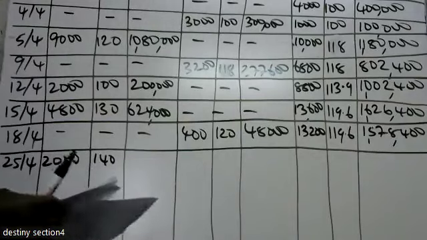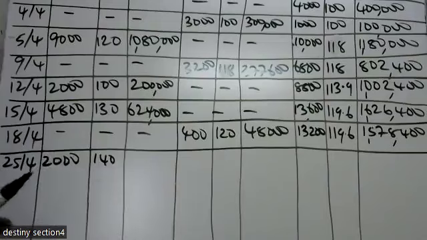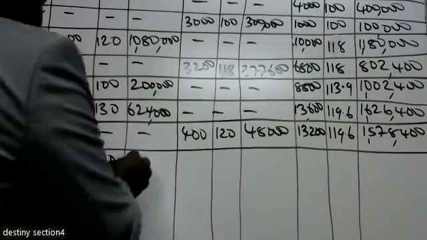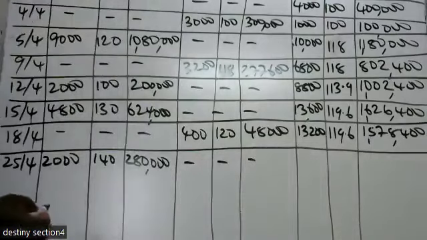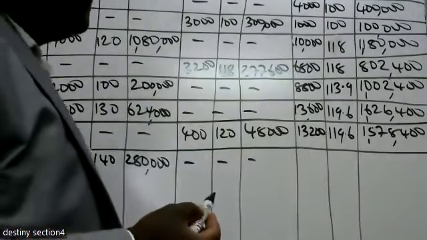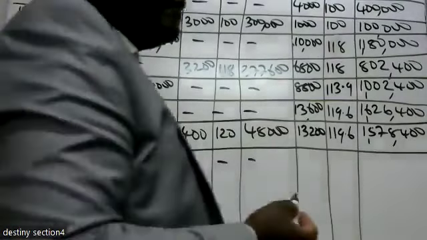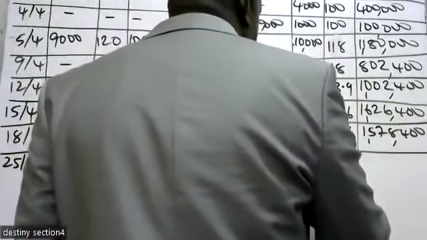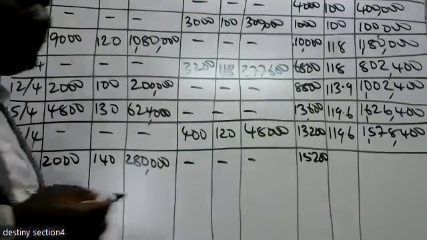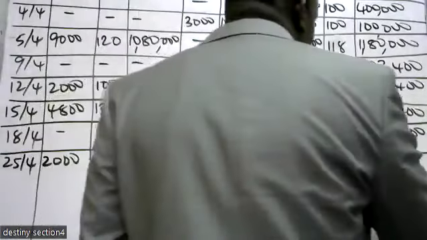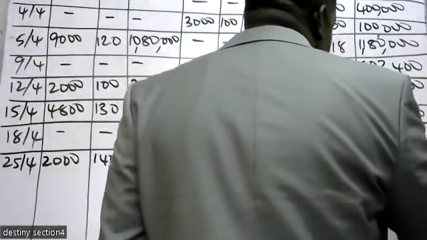So when we multiply, we come up with 200,000. Then the total is 1,778,400.